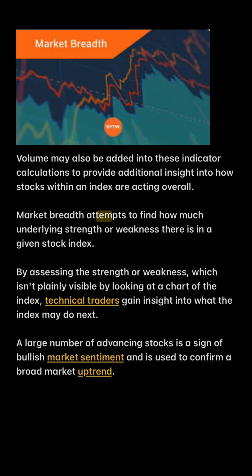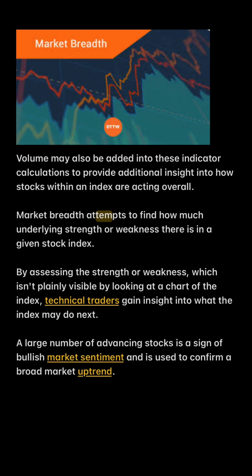Now, volume is also an important indicator, and it may also be added to calculations to provide additional insight into how stocks within an index are acting overall. Market breadth attempts to find how much underlying strength or weakness there is in a given index.